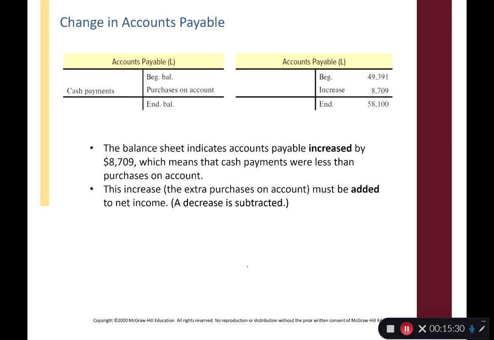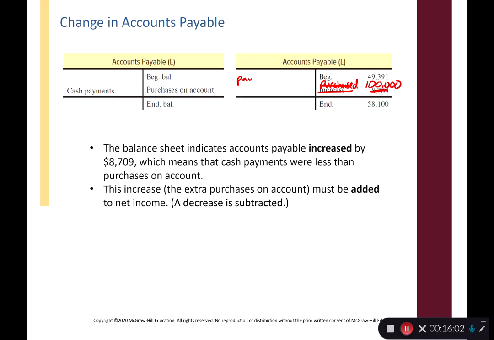Looking at accounts payable, same deal. We've got the accounts payable beginning balance, and then we have an increase to arrive at the ending balance. Why does that increase exist? Well, they don't give us the actual numbers for the company here, but I can make something up. I could say that they must have purchased $100,000 worth of stuff.